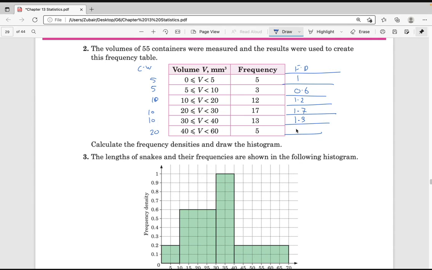And the last one, 20, 0.25. So we know what is on the x-axis, and frequency density is on the y-axis. We'll write 0, 5, 10, and equal divisions on the x-axis.